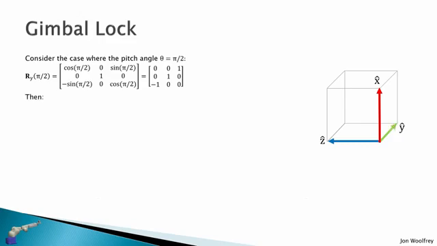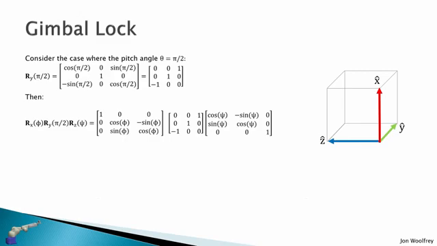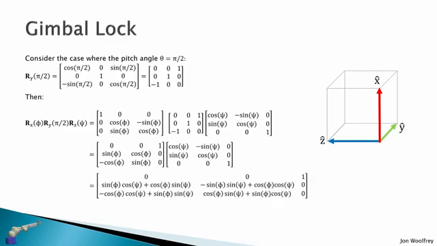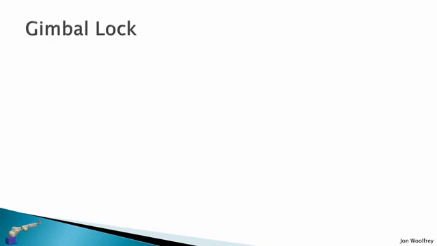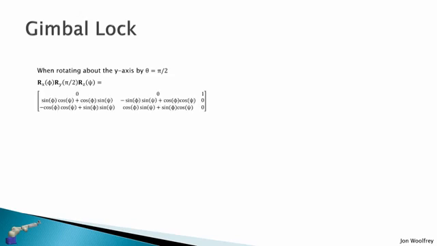And I can multiply this by starting with a rotation about x, phi, then theta by pi on 2, and then z by psi, which solves down to these two matrices, and then to this final rotation matrix. So we rotated about the y-axis by pi on 2, and this rotation about x, y, and z with the y defined by pi on 2 gave this rotation matrix.